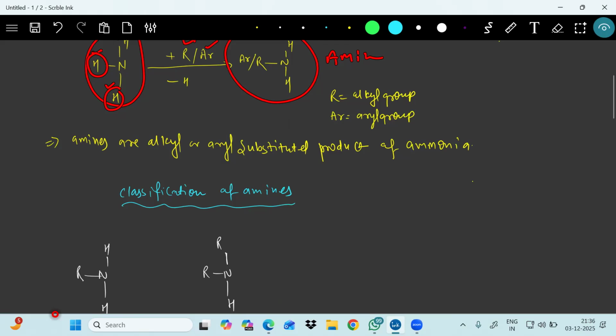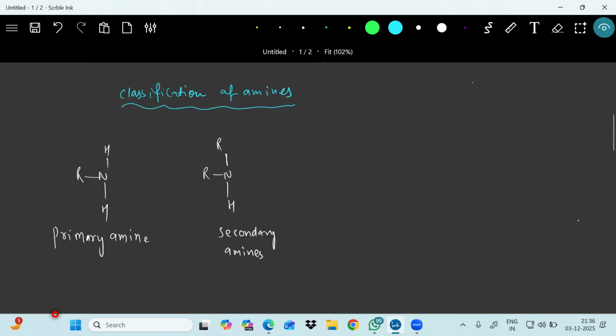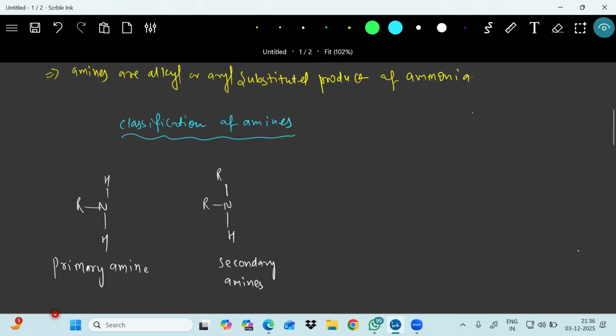So in short, in classification I am writing here. When we talk about amines, you can classify them into two parts: aliphatic and aromatic amines.